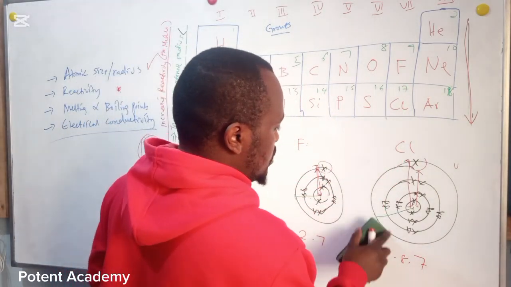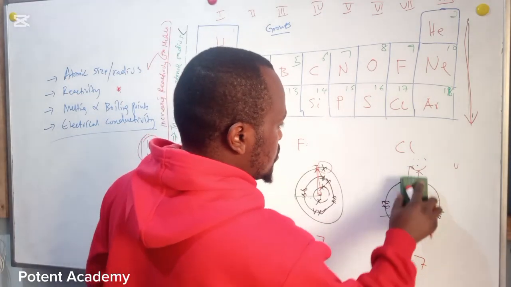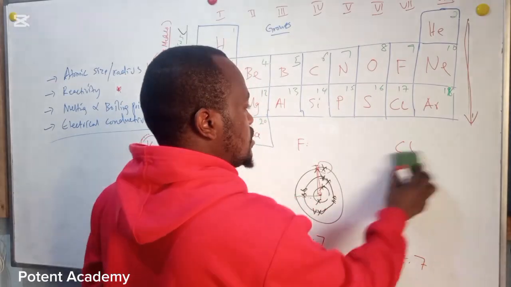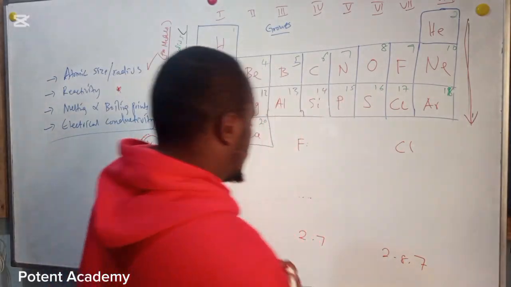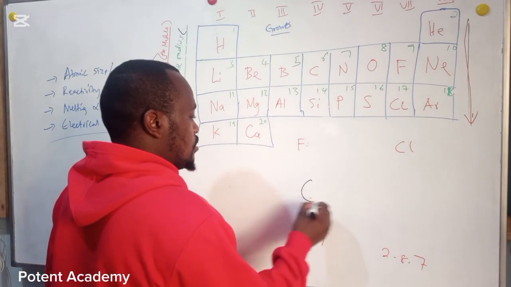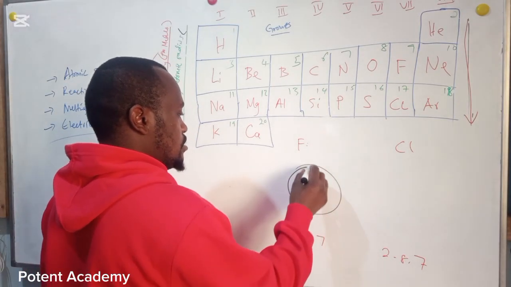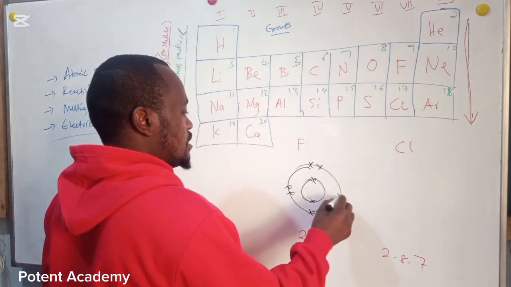So when you are drawing, you will draw like this. Let me draw it more clearly so that you don't get confused. So this one, fluorine, has 1, 2, 3, 4, 5, 6, 7.